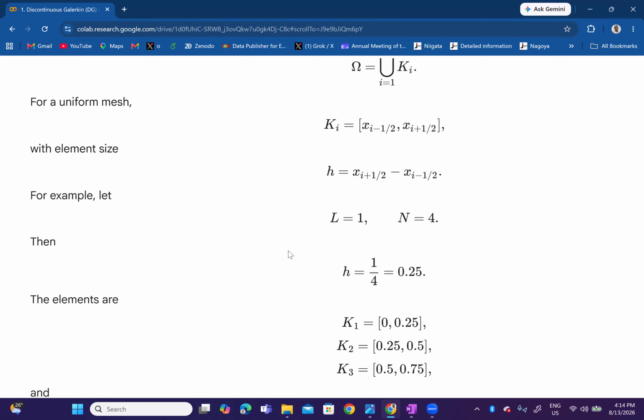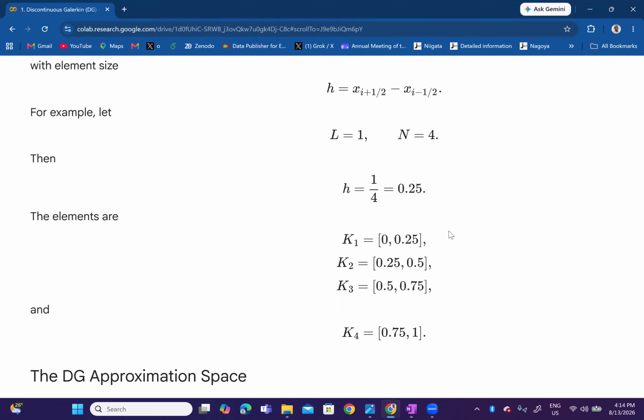So for example, let L be equal to 1 and n equal to 4. So that means we have 0 to 1, right? If L is 1 and n is 4, then h is 1 over 4, 0.25. So all these small divisions will be, for K1, from 0 to 0.25. You keep incrementing by 0.25 because L is 1.